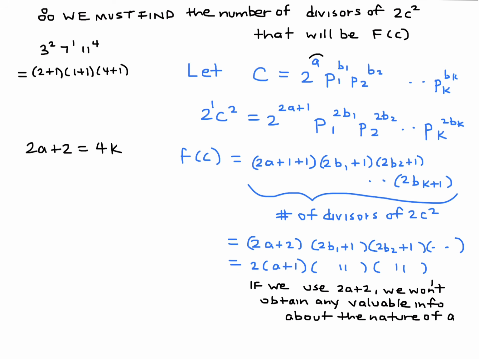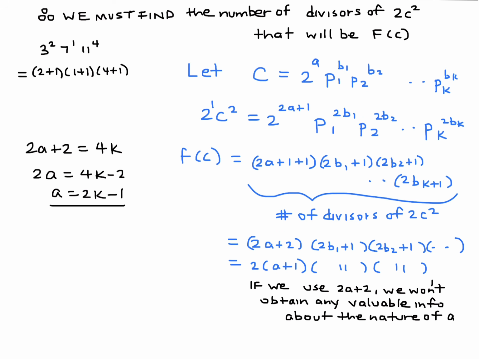But if a is anything, then c looks like it has no real way of being given any specific condition. And we want a specific condition, so I'll let 2a plus 2 equal 4k. Maybe it's a multiple of 4. So that's even, right? So that means 2a is equal to 4k minus 2. And therefore a is equal to 2k minus 1. And that is a good condition.